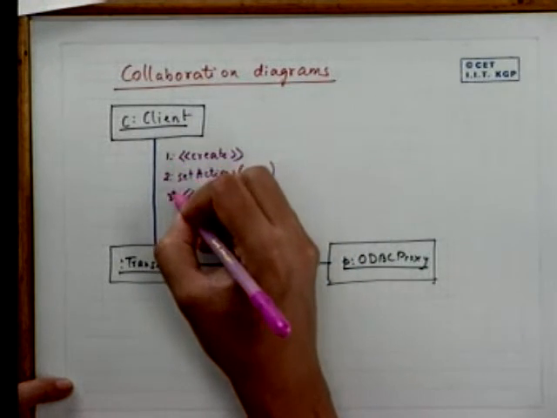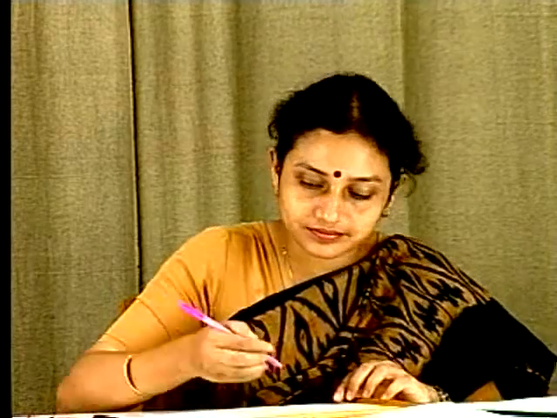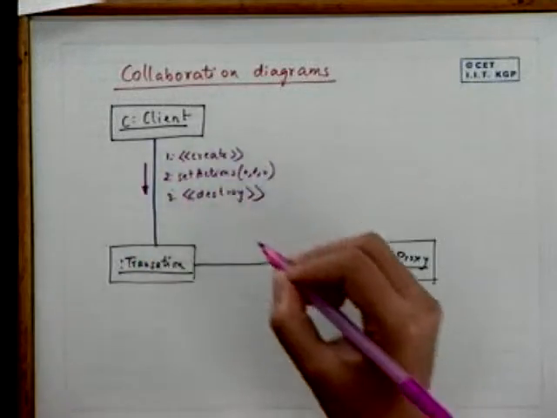And these numbers 1, 2, and 3 denote the times of the messages. First the create message is sent, then the set actions message is sent, and then the destroy message is sent. And we also show the direction of these messages.